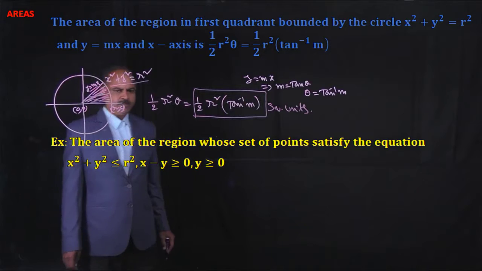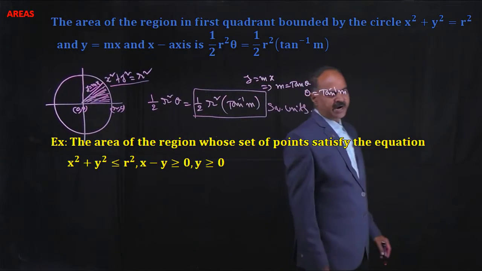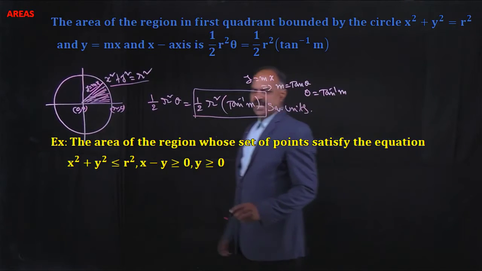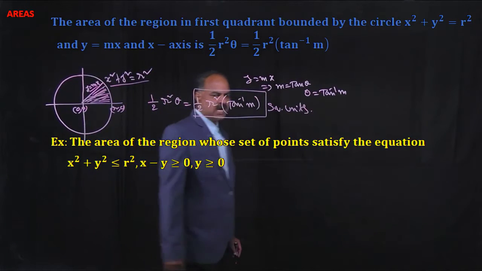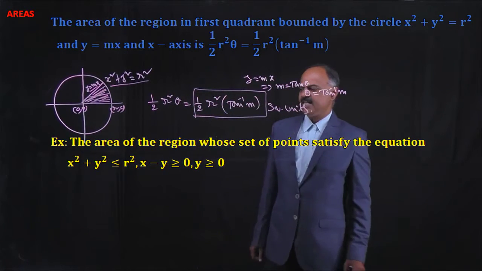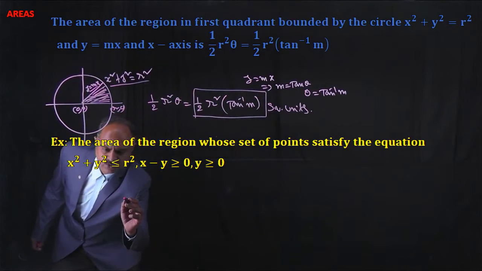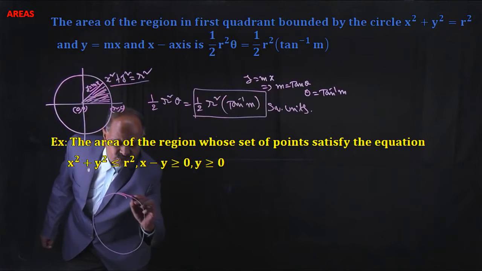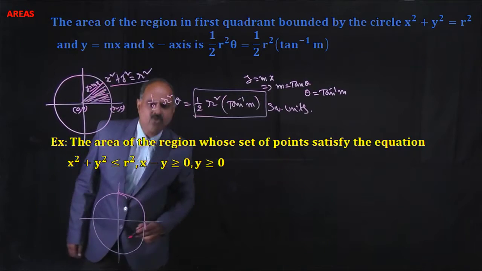Suppose, for example, we want the area of the region whose set of points satisfy the equation x square plus y square less than or equal to r square, and x minus y greater than or equal to 0, and y greater than or equal to 0. So the circle is x square plus y square equal to r square.